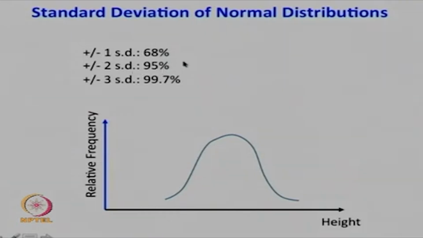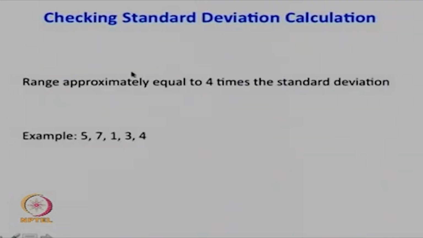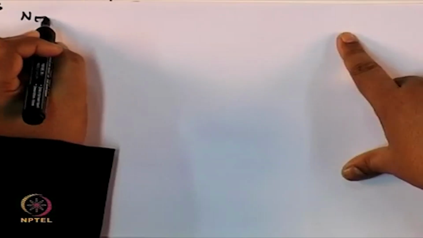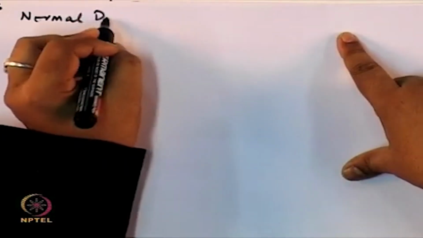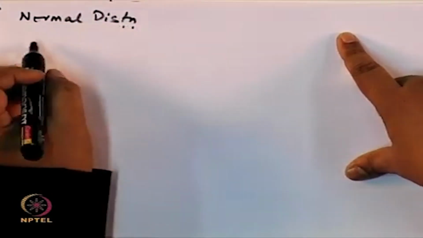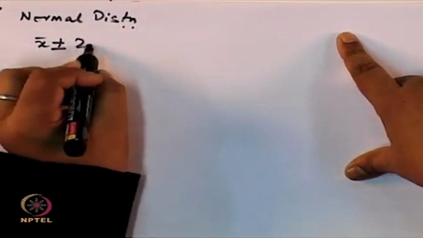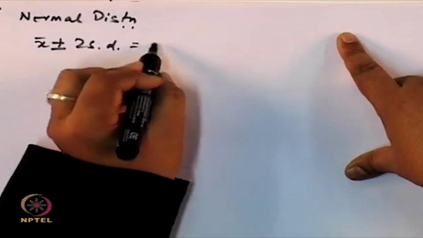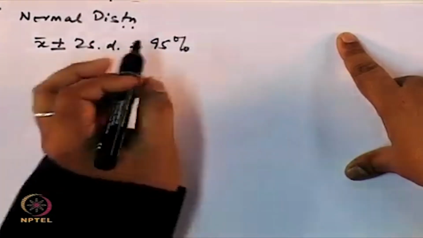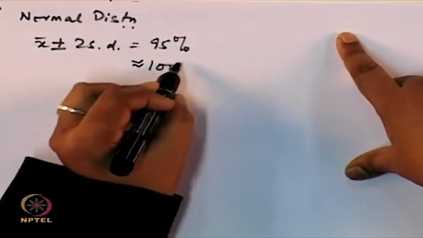When you calculate standard deviation, you can check whether the value you have calculated is approximately right or not. The exercise is very simple. You calculate the range. In the case of a normal distribution, x bar plus minus 2 standard deviations is 95% of the data, which we can approximate as 100%.